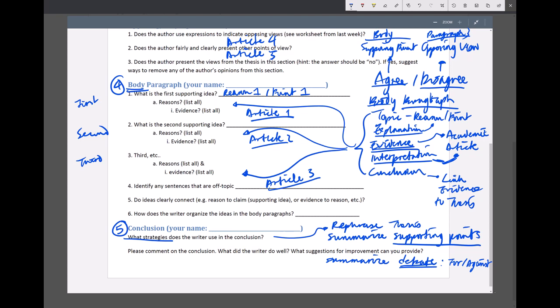So you could have suggestions for future research. That's another strategy. You could make predictions or warnings. So those are some strategies as well that you could use to really sum up your essay and provide a conclusion.